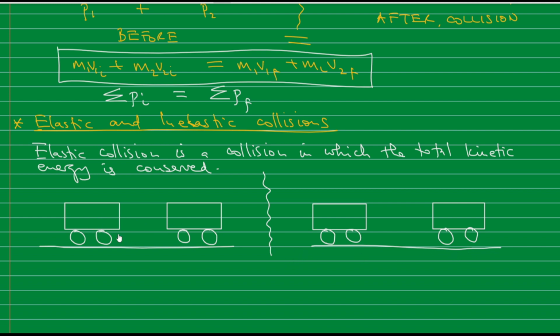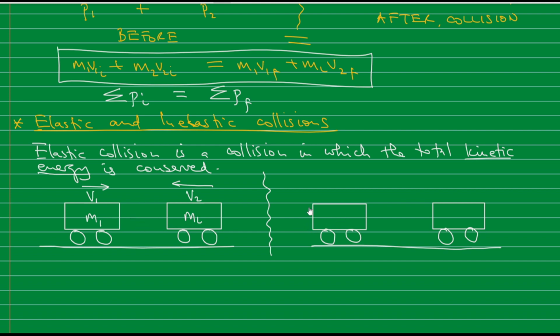Now let's take our trolleys again. We have got this trolley. They are all moving in a straight line, linear momentum. But here, take note, we are talking about kinetic energy. This object is m1 with velocity v1 moving to the right, and this one is m2 with velocity v2 moving to the left, assuming they are going to collide.